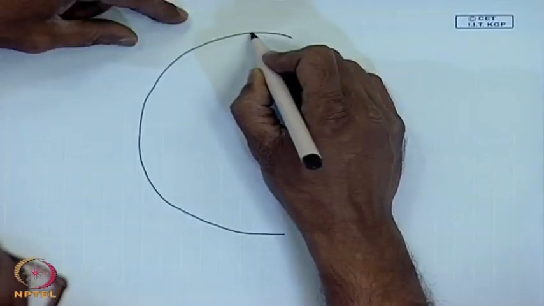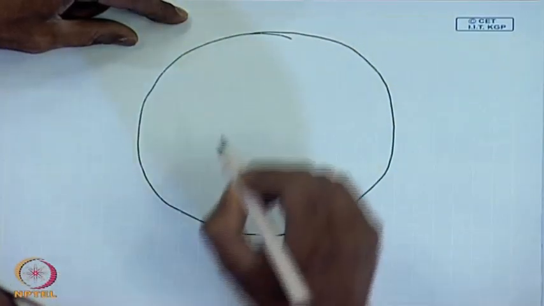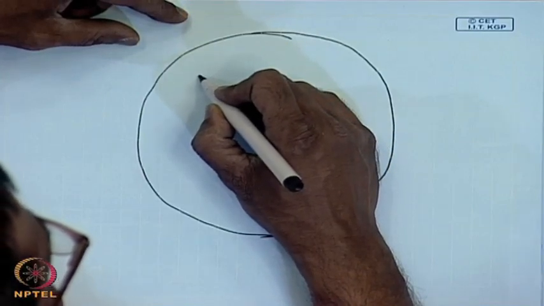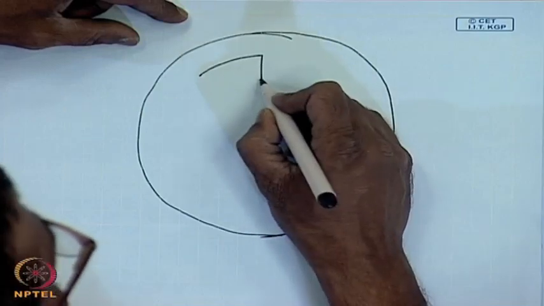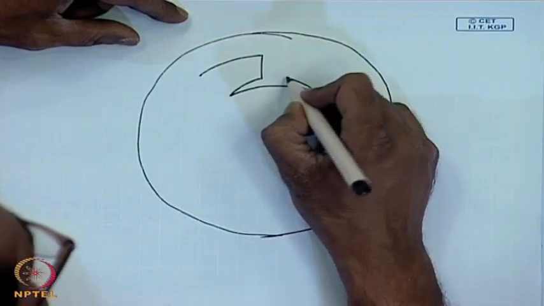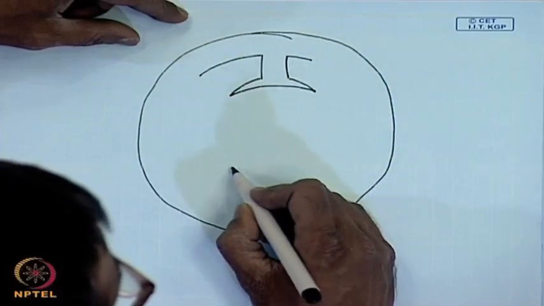So, let us see the construction of the cross section of a DC machine. As I mentioned earlier, there are two fixed poles. For simplicity, we are assuming only two, it can be more.